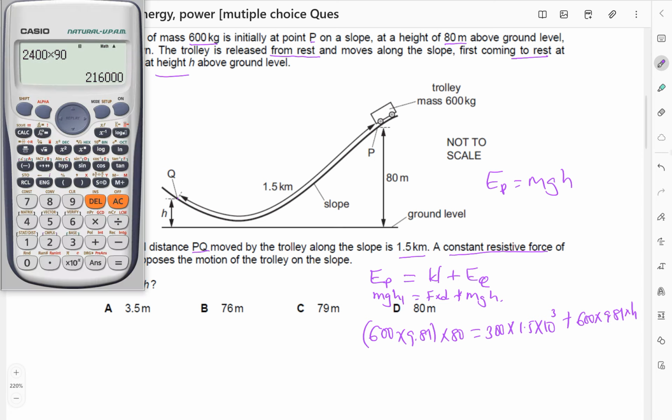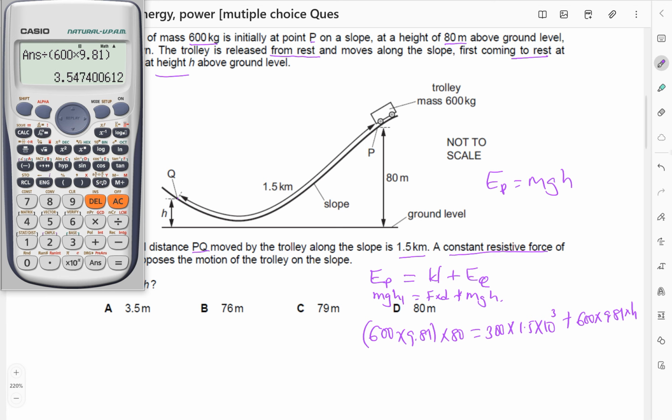So I want to find h, I'll just check with my calculator. 600 times 9.81 times 80, minus 300 times 1.5 times 10 to the power 3, then I divide by 600 times 9.81.